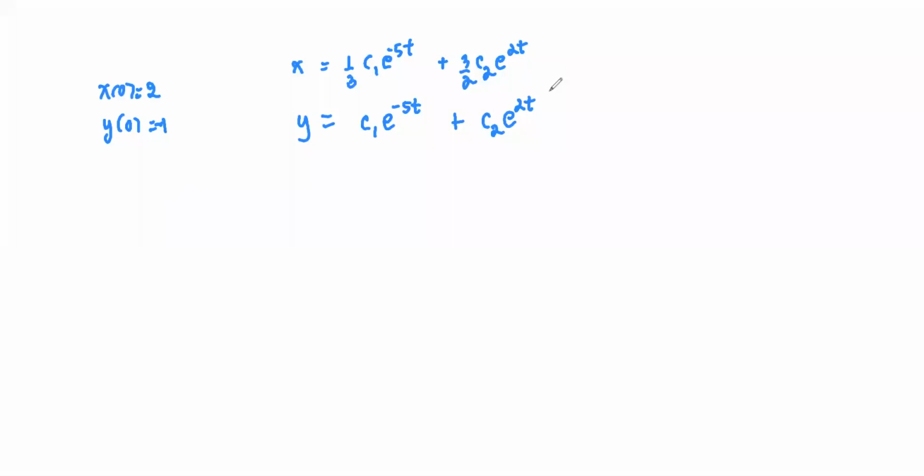At t equals 0, we get 2 equals 1/3 c1 plus 3/2 c2. And for y, negative 1 equals c1 plus c2. Now we're going to solve for c1 and c2.